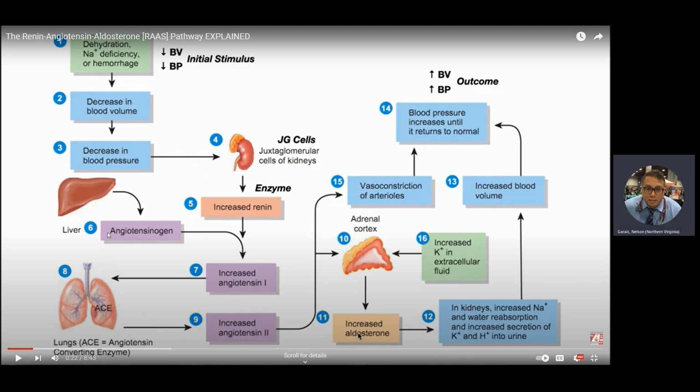Then renin turns angiotensinogen into angiotensin 1. Angiotensin 1 turns into 2 because of your ACE, which is your angiotensin converting enzyme. And then, of course, what are the 2 things that are going to happen? Vasoconstriction of my arteries and increased blood volume, and then, of course, increased blood pressure, and that's the outcome.